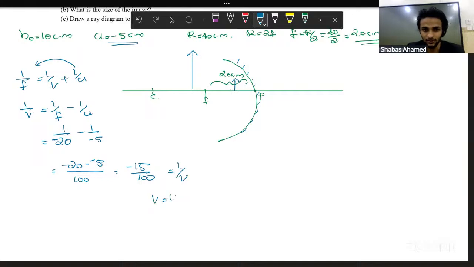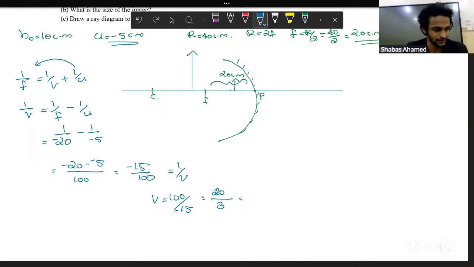Or v is equal to 100 upon negative 15. Okay, you can minimize this, or this will be equal to 10 divided by 3. 10 by 3 will be the answer. That is equal to 3.333. Sorry, a small mistake, sorry guys. So it will be 20 by 3.